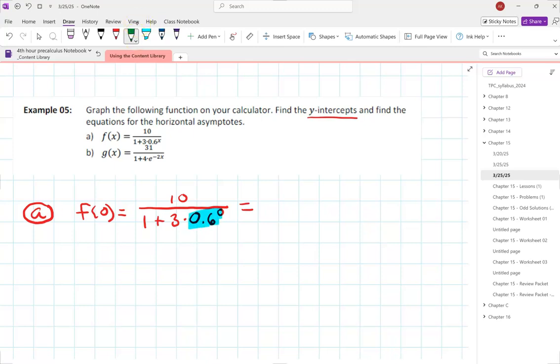Now, what is 0.6 to the 0 equal to? 1. So my denominator just becomes 1 plus 3, so that's 4. And 10 divided by 4 is 2.5.